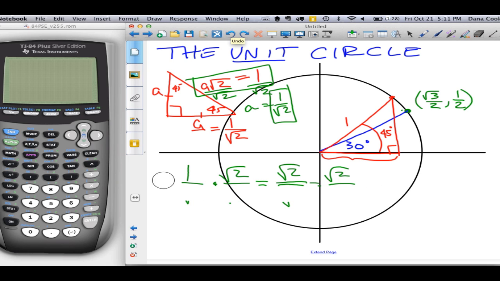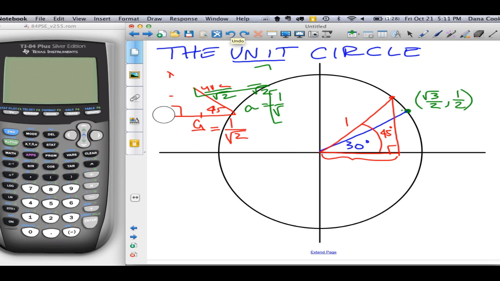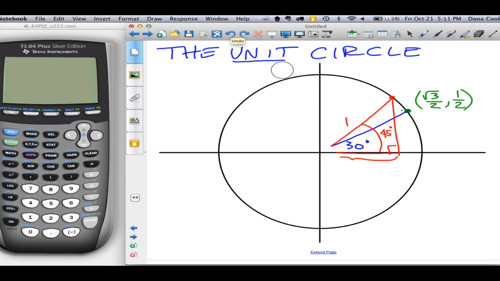So let's erase all this and clear up our diagram again. This then is going to be radical 2 over 2, and this is going to be radical 2 over 2.